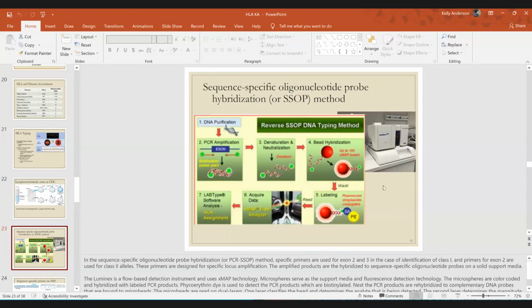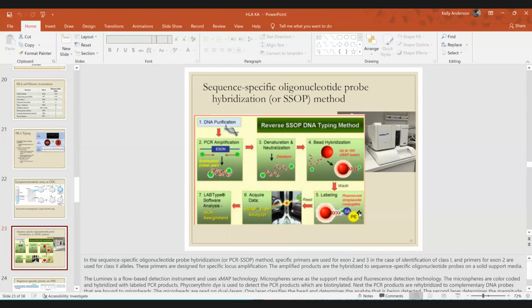So in this case, you have a probe and you bind that to the bead. You will isolate the DNA and then do some PCR to amplify the HLA sequence. And then you will basically incubate that amplified DNA with your probe.